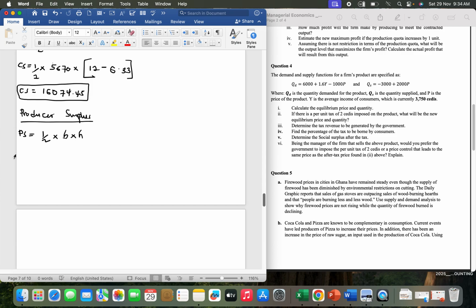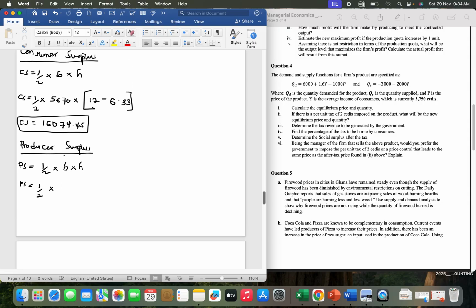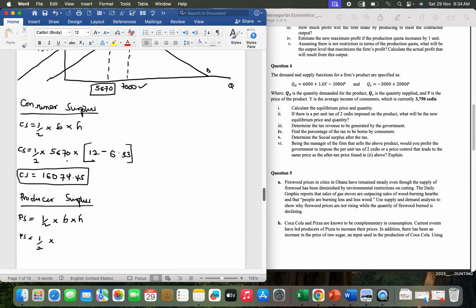So producer surplus is half times base. The base is still this one, 5670.